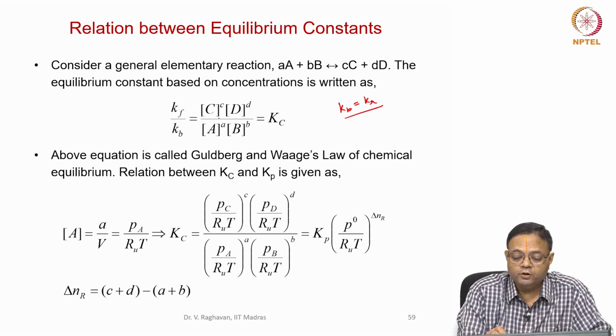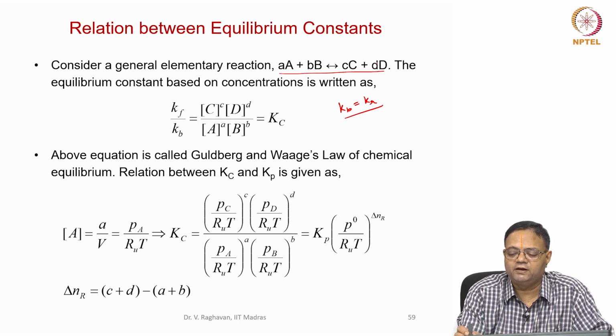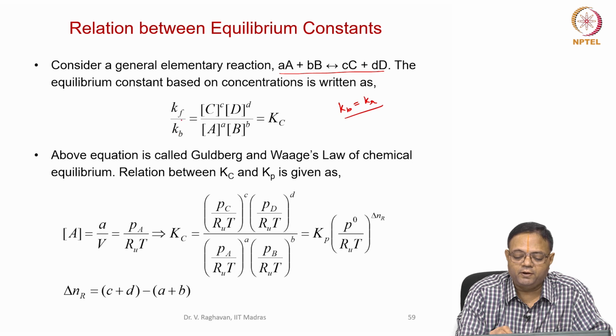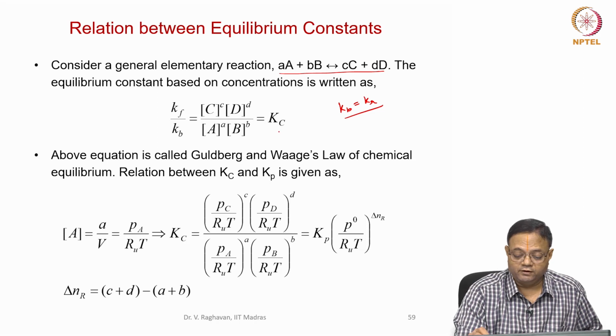Okay, now let us consider this equation here. Capital A is the number of molecules of A, since it is an elementary reaction, B is the number of molecules of species B, and so on. Generally you can say that a, b, c, d will be 1. So Kf by Kb, or Kf by Kr, will be equal to the concentration of C to the power c times the concentration of D divided by the concentration of A times the concentration of B. So that is Kc.